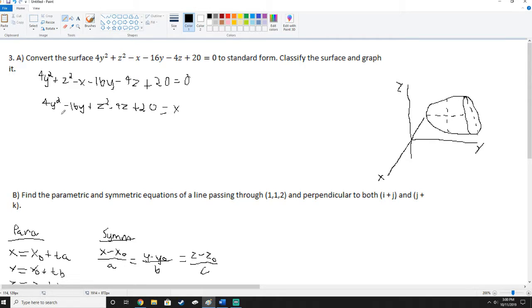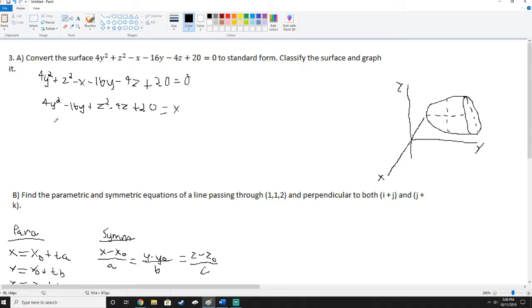Now, in order to set this to standard form, we're going to complete the square of both the y and the z variable. We're also going to subtract 20 from both sides so that eventually everything can cancel out and we have a nice standard equation. So to complete the square, we take the b coefficient, in this case 16y, divide by 2 and square that number so that we get our c constant in our y polynomial.